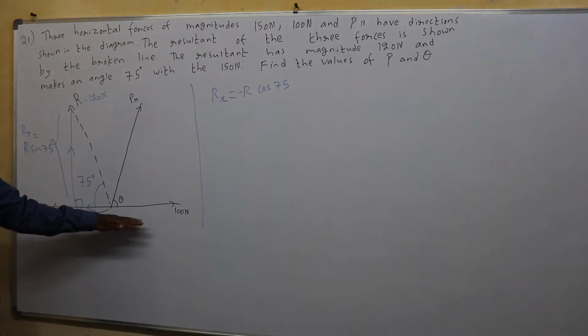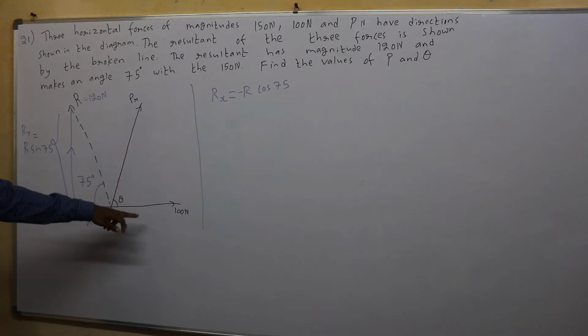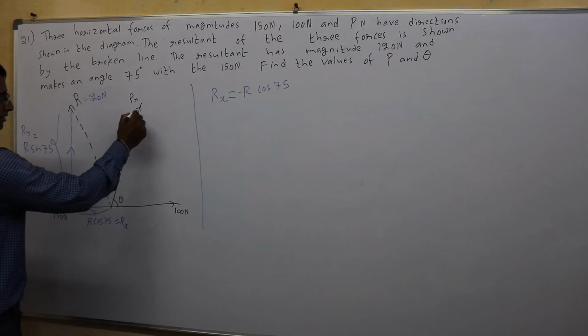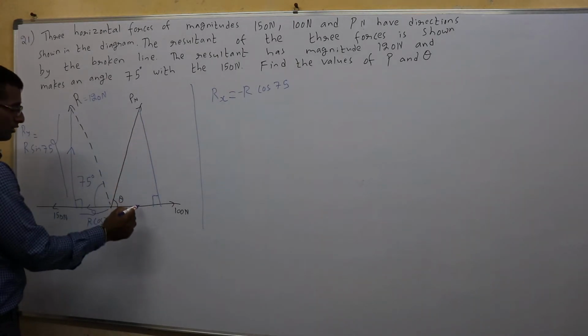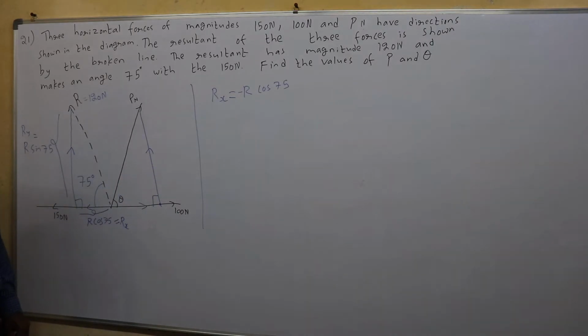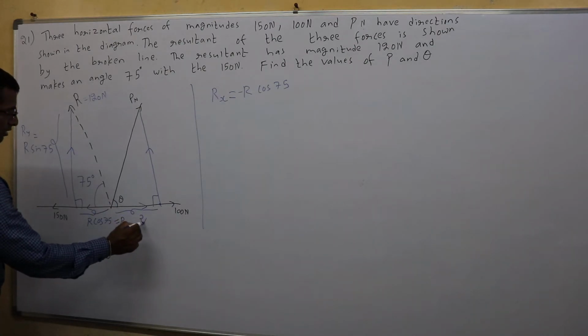Now find Rx. What all are acting in the positive x-axis? This needs to be resolved because it's acting at an angle theta. So drop a line. Instead of walking from here to here, you could go in this way, and once you reach here, you could move up. This is adjacent to theta, so it becomes P cos theta.